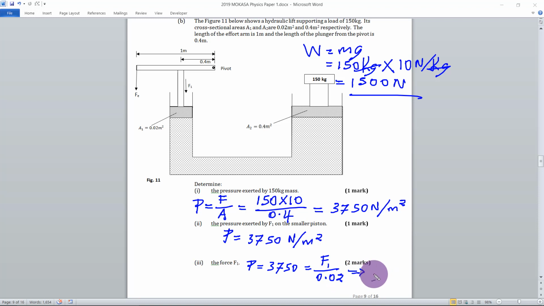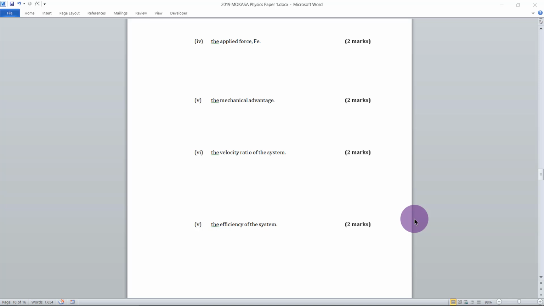And of course, this implies that our F1 is equal to 3,750 times 0.02, and I get 75 newtons. 75 newtons.